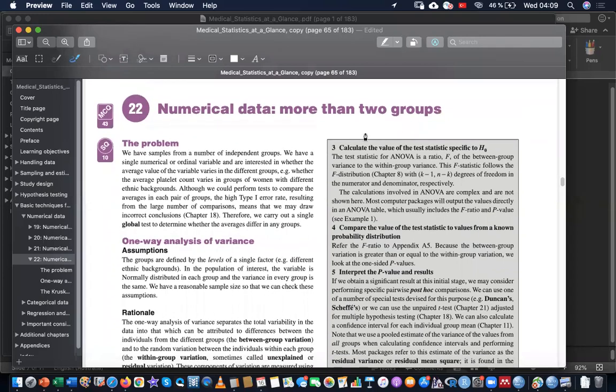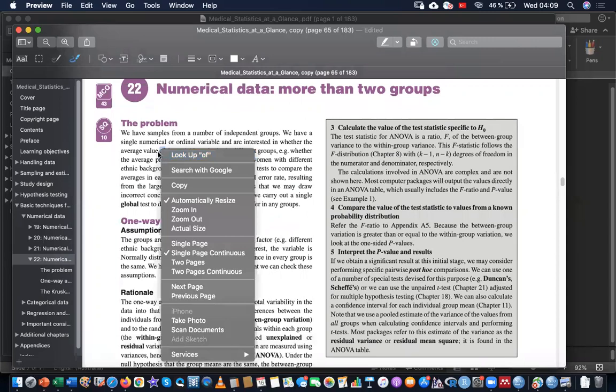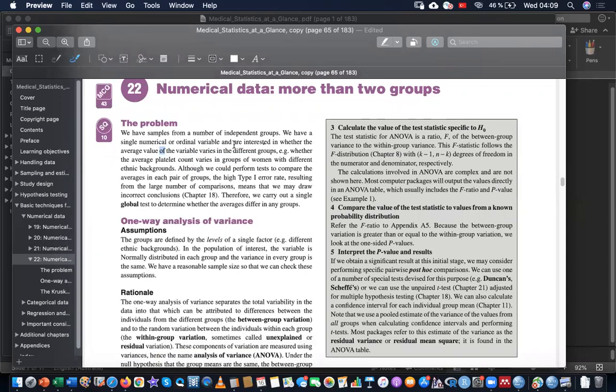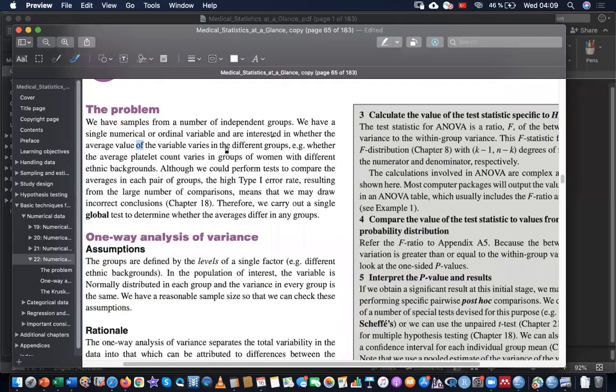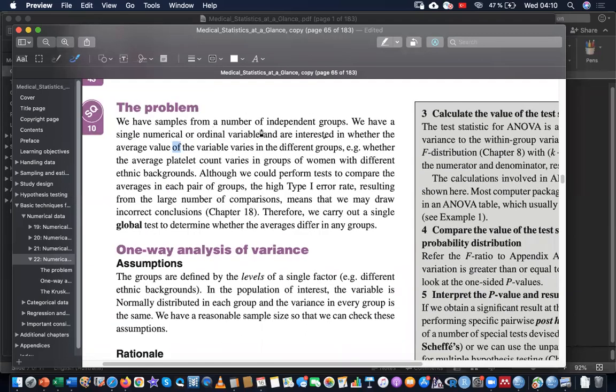Numerical data, more than 2 groups. We have samples from a number of independent groups. A number means more than 2.